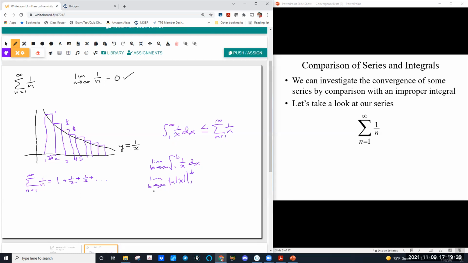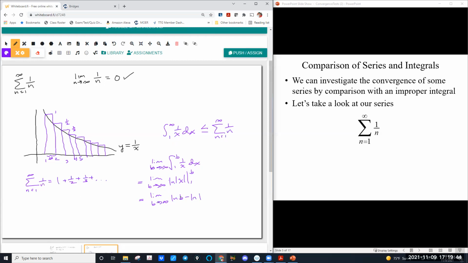Our limits are going to be positive, so we don't really need the absolute value. So limit as b goes to infinity of ln of b minus ln of 1. Ln of 1 is just 0. We're not concerned about that. This is the part we are concerned about.